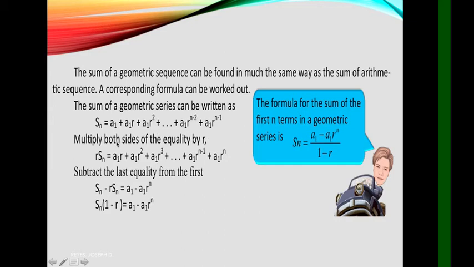So multiply both sides of the equality by r, subtract the latter equality from the first, and soon you will get this equation. Divide it by 1 minus r, and you will get this formula. So in short, ito yung formula natin na gagamitin para makuha natin yung sum of the geometric sequence.